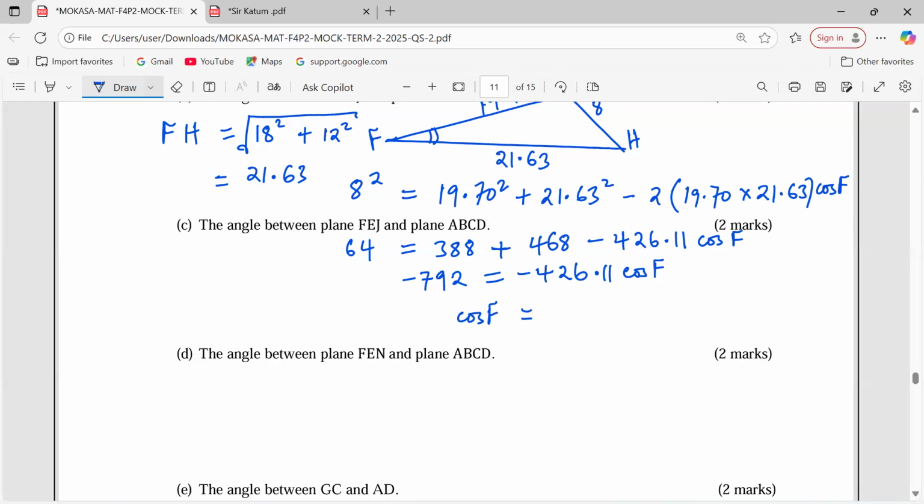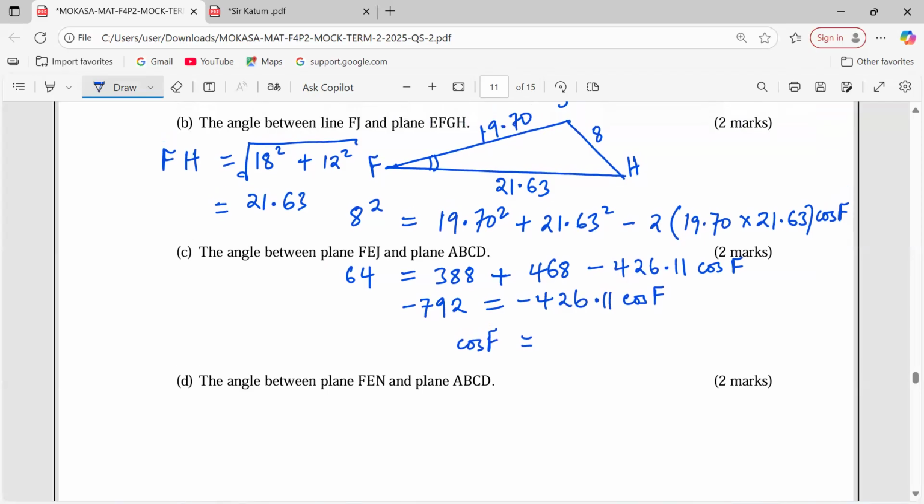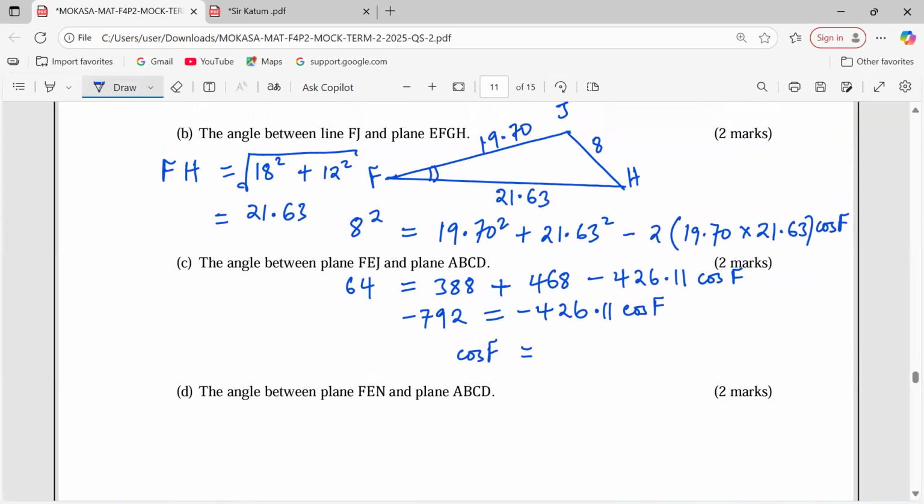There must be an error somewhere, something not properly computed. I'm just confirming that right away. Yes, we didn't multiply by 2. So that was 852.